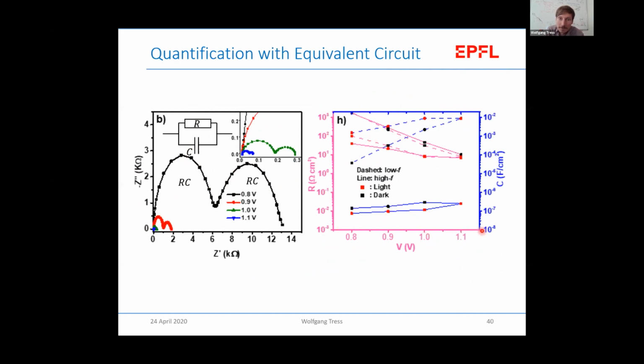And what we can see here, we have this part here, this is for high frequencies. And we have this part here, which is then for low frequencies. And the dashed parts are the low frequencies. So when we look at the high frequency, blue is capacitance, in the dark and under light. So we get here a rather constant value.